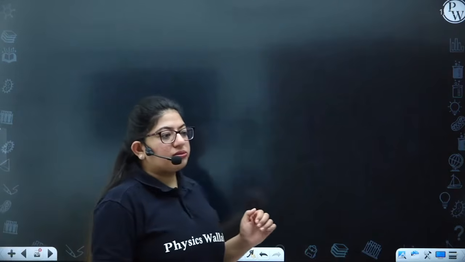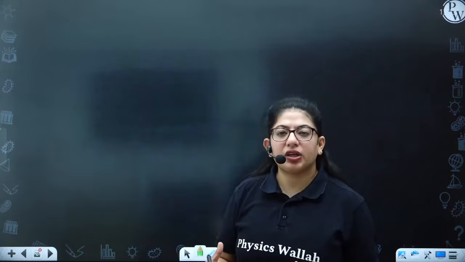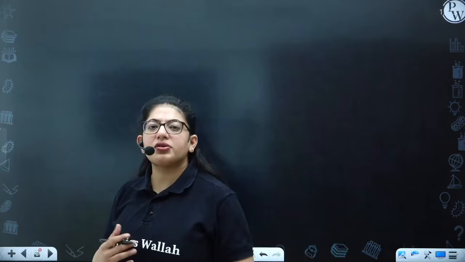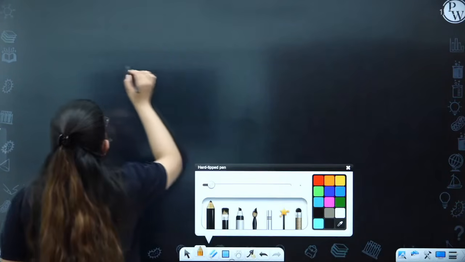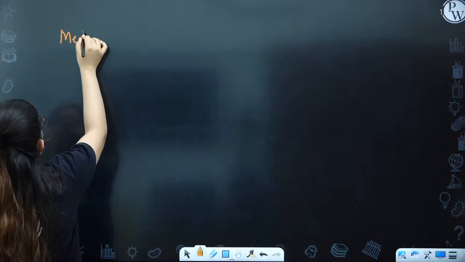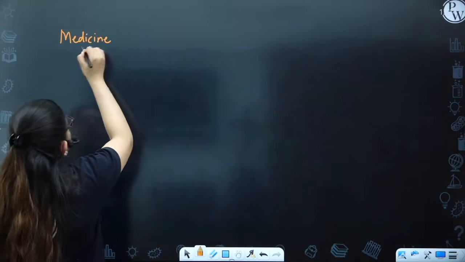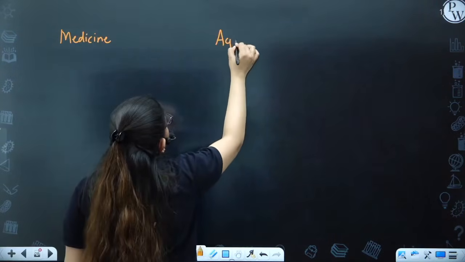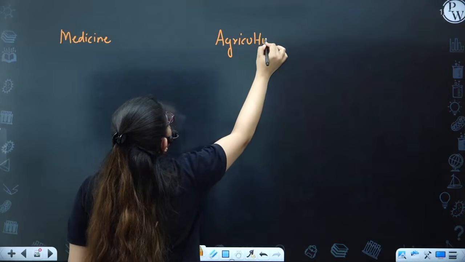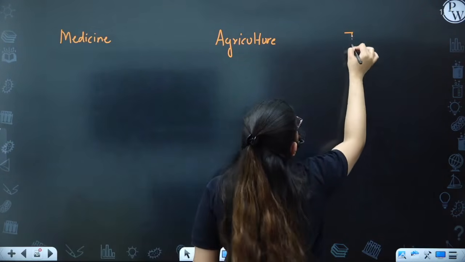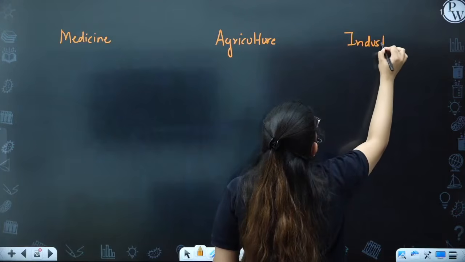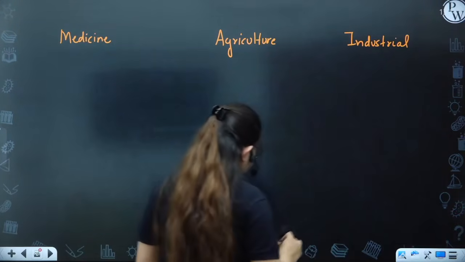Otherwise, what are the various importance of transgenic animals? Let's see. If I'm talking about transgenic animals, where they show us the benefits, one field is medicine, another is agriculture, and then we have industrial application of transgenic animals. Okay, how?